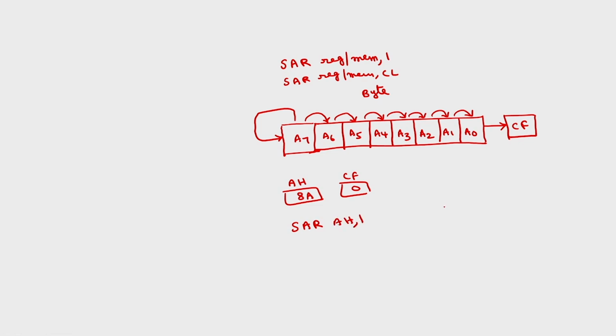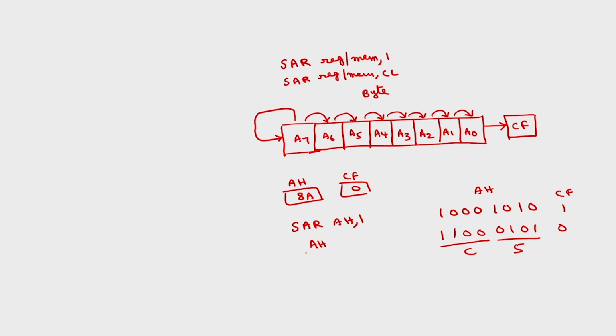So what will be the contents? 8 will be 1000, A will be 1010. This is AH, the carry flag is set, this is before the instruction. After the instruction, what happens? This 1 will transfer to here, 0 to here, 0 to here, this 0 here, this 1 here, 0, 1. This 0 will go to the carry flag, and the same 1 bit will be copied here also. So this becomes C5 and the carry flag is reset.